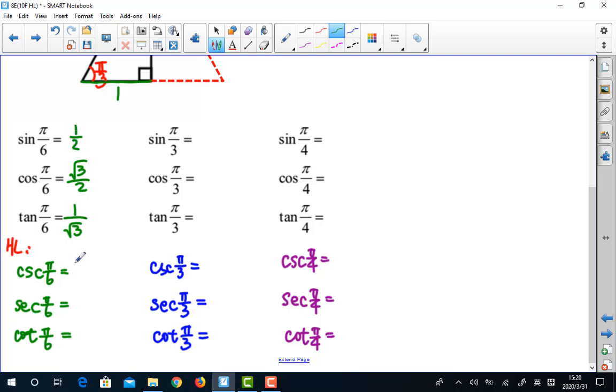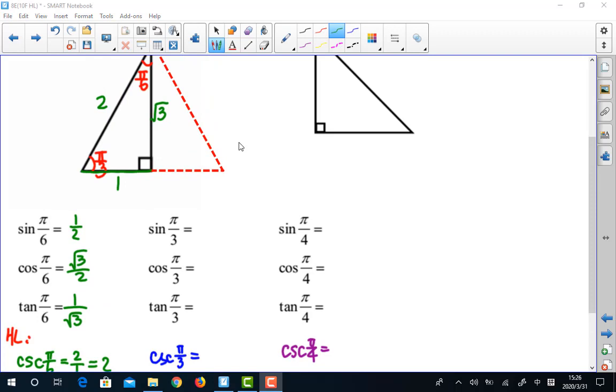So this one is 2 over 1, which is the same as 2. Secant pi over 6 is r over x, which is 2 over root 3. Cotangent pi over 6 should be x over y. So I flip the ratio of tangent pi over 6, it's root 3 over 1, which is the same as root 3.